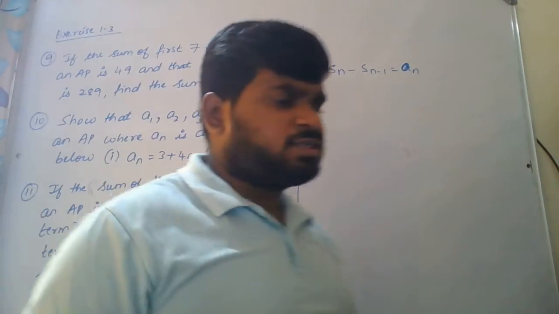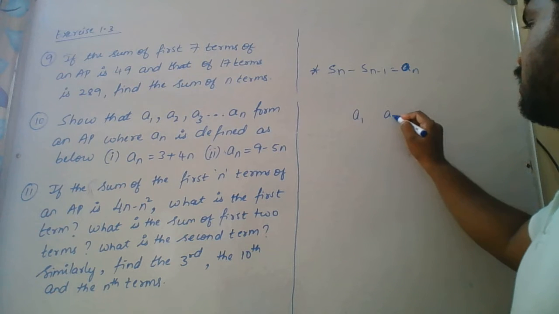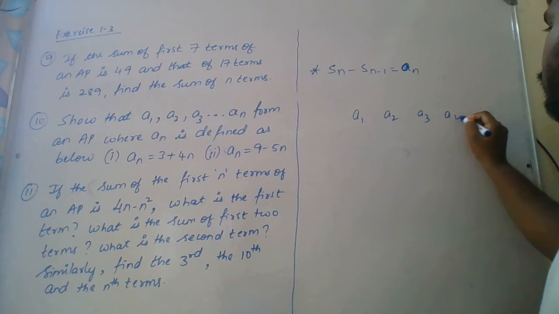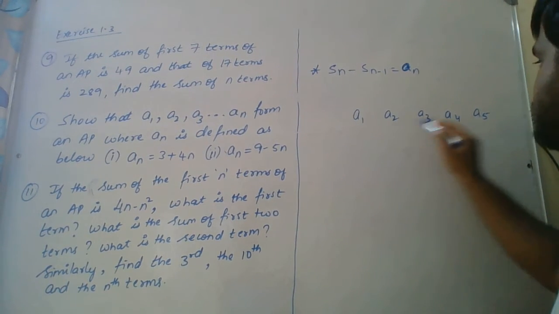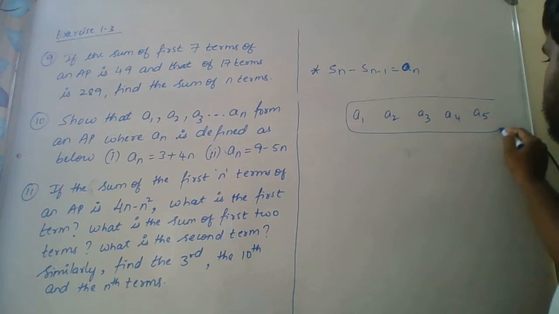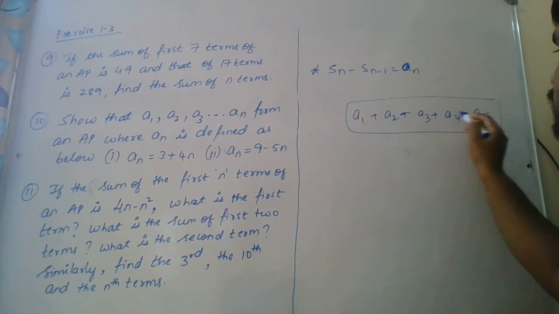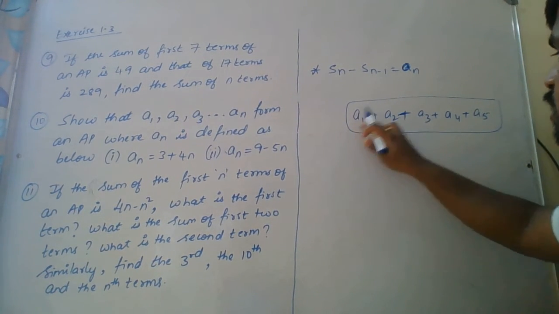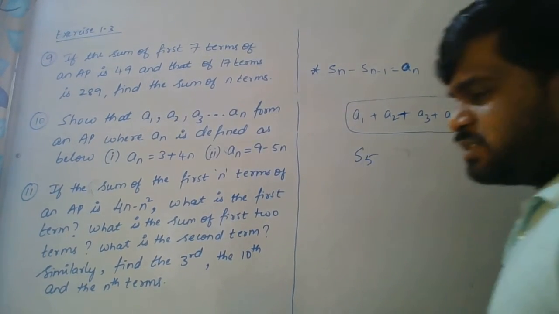It's very easy to understand. Let's take the terms as A1, A2, A3, A4, A5. Now if I add all these, A1 plus A2 plus A3 plus A4 plus A5, meaning from the first term till the fifth term, we call it S5, isn't it?